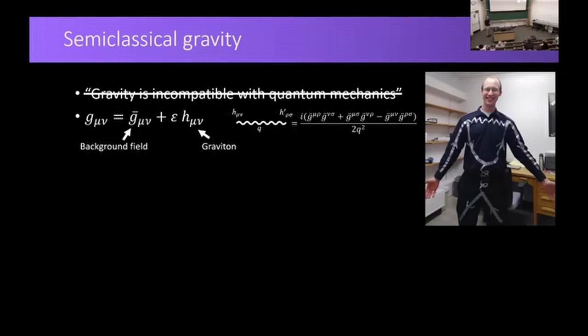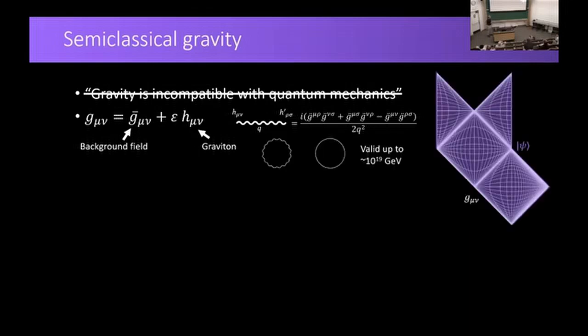But we're actually not going to do anything this complicated. The only thing that we care about is one loop diagrams. So these are the so-called self-energy of a field. And if we're only dealing with one loop, then since it's an effective theory, it should be valid up to about 10^19 GeV, which is a very high energy.